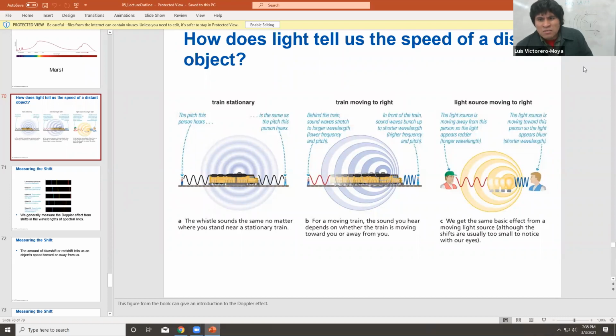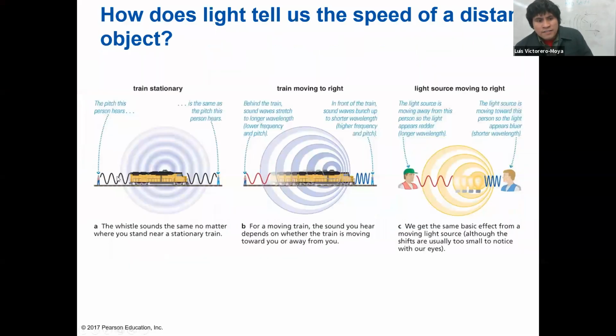Okay, so this slide actually summarizes this. They use blue and red to show you the blue shift as well. The blue shift is if the object is coming towards you. So in this slide, there is red shift for this guy, blue shift for that one. And look at the wavefronts. The wavefronts come closer and closer as the object moves with respect to this person. Everything is relative in the universe.